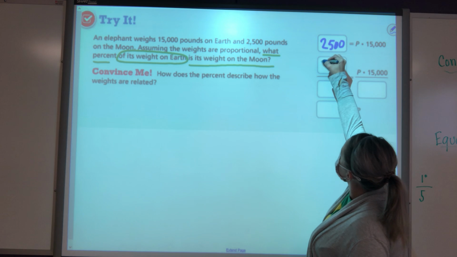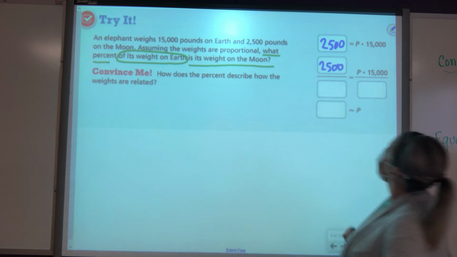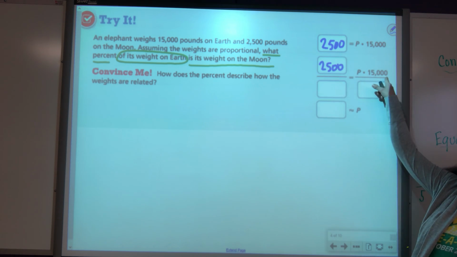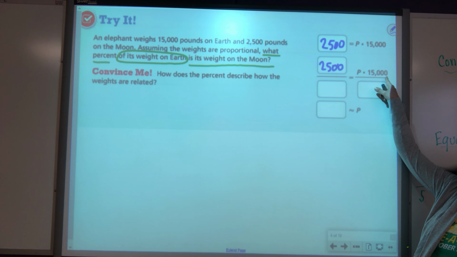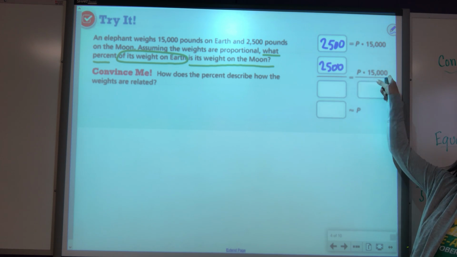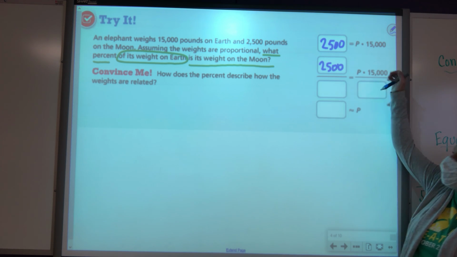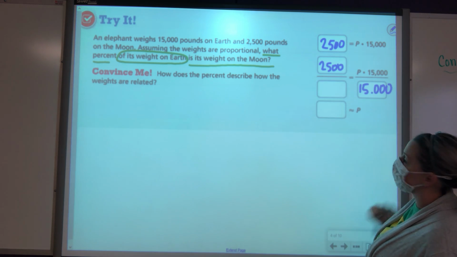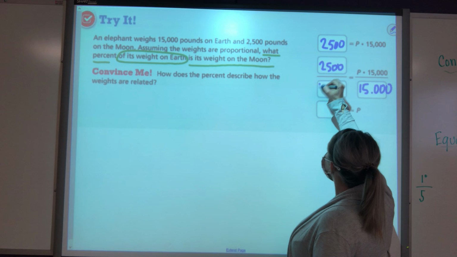So we can go ahead and put this up on here. Okay? So P is being multiplied by 15,000. What's the inverse of multiplying by 15,000? Dividing by 15,000. So I divide by 15,000 on the left and on the right, very good.